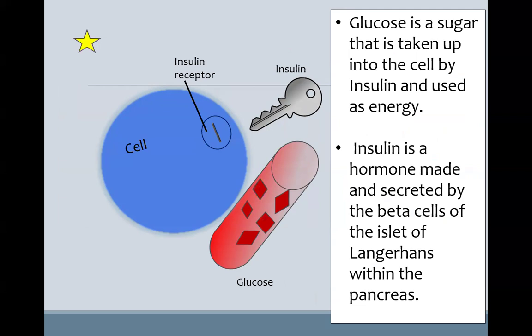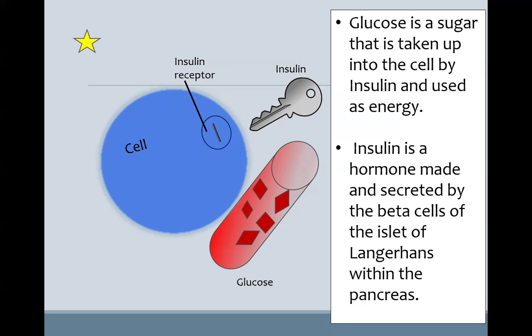Glucose is a sugar. It's taken up into the cell and used for energy. But how does it get into the cell? Glucose gets into all the cells with a hormone called insulin. It's a hormone that's made and secreted in the pancreas, specifically by beta cells of the islets of Langerhans.